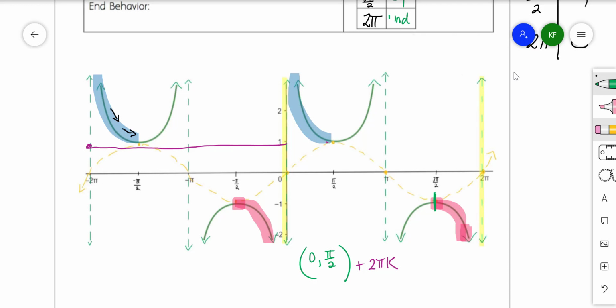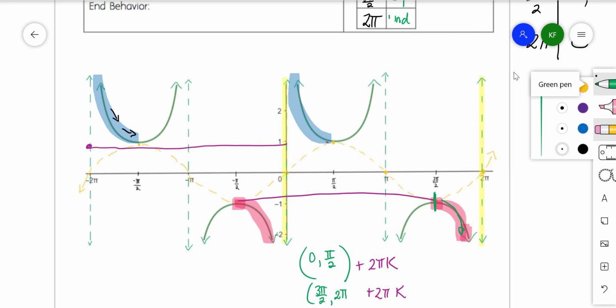So 3 pi over 2, and then we're going down to 2 pi. And then again to show you the distance, you can see half, a whole pi, half a pi is that plus 2 pi k. And you will put that into your table now.